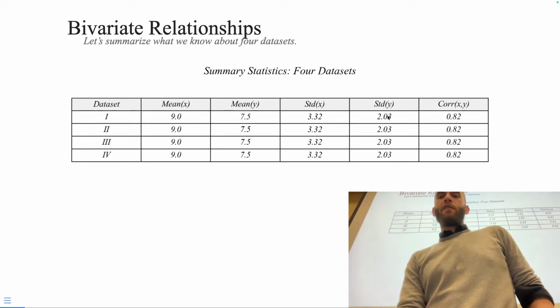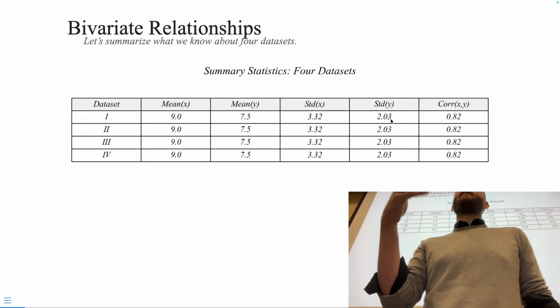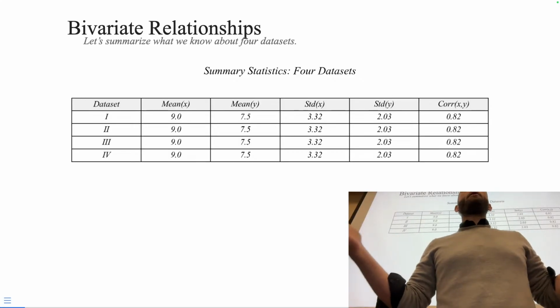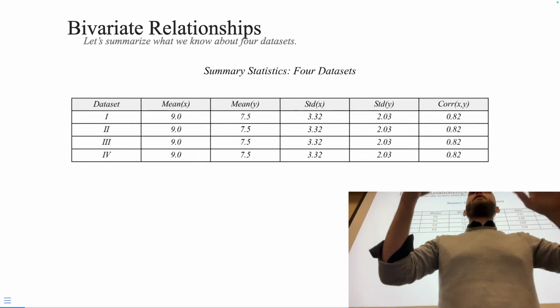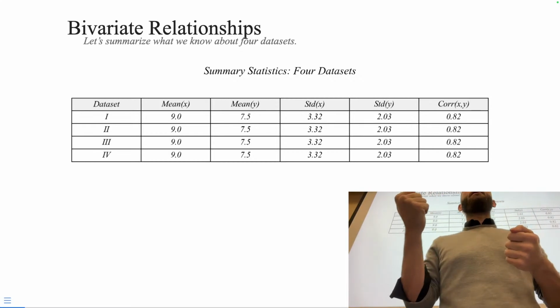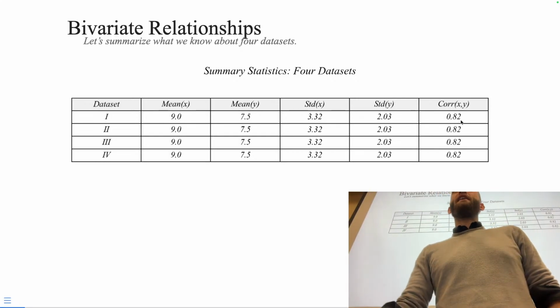And for y in the first data set, the standard deviation is 2.03. And then because this is 2 variables, I'm also listing, you all are familiar with correlation. So this is essentially a standardized way of measuring how closely related 2 variables are to each other. And I have a correlation of 0.82 between x and y in the first data set.